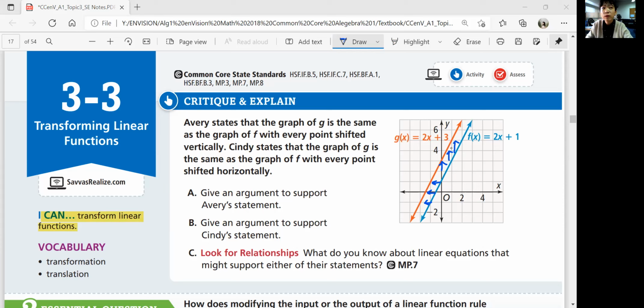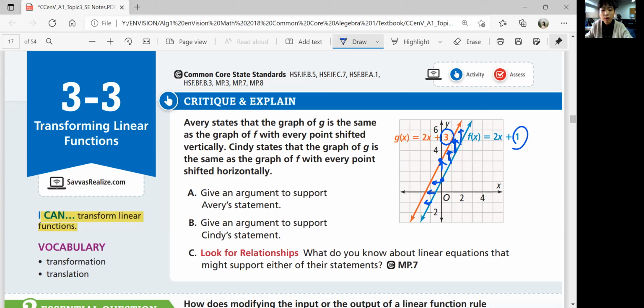It's moved vertically from each point +2, right? So if you just look at y-intercepts, even your y-intercept is moved vertically from 1 to 3. So you can use the y-intercept and of course other points to state and back up Avery's statement.